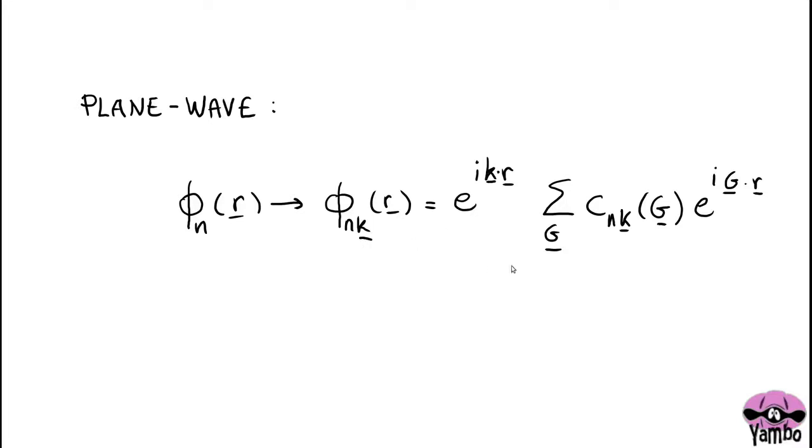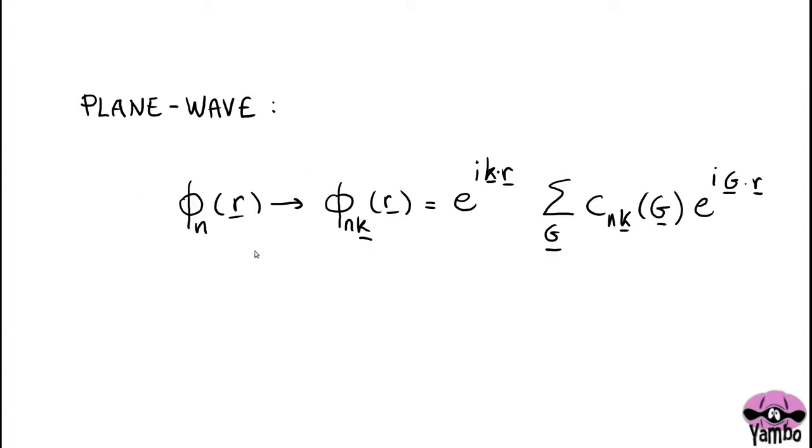And then this is the expansion into plane waves, where G is the reciprocal lattice vector, so we have, in principle, an infinite sum over reciprocal lattice vectors.